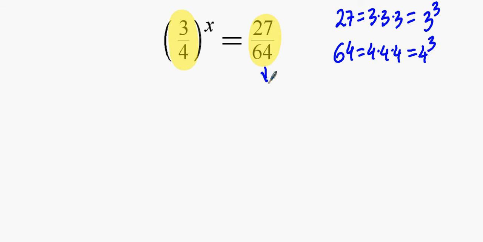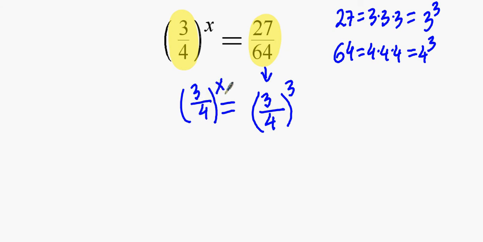So really, what we can do is rewrite the fraction as 3 over 4 all to the 3rd power. And then on the left side we have 3 over 4 to the x. Our base is the same, so 3/4 is gone, and all that we need to do is look at our exponent, and we see that x must equal 3.